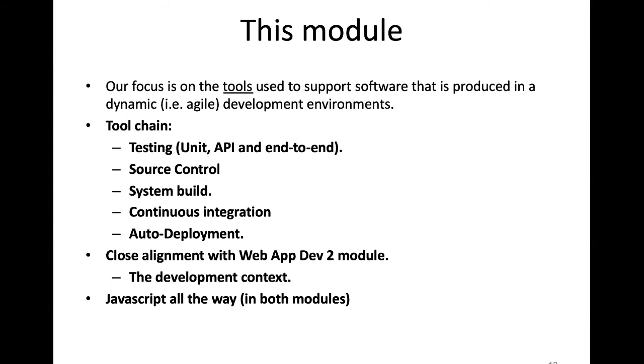Maybe you would change it because you want to improve the design of the code, but you need to ensure that everything that was working is still working. And the only way you can guarantee that is by testing. We can't do manual testing. It is just too time consuming, too error prone, too laborious. We need to be able to automate the running of tests. And we will spend quite a lot of time actually looking at test automation.